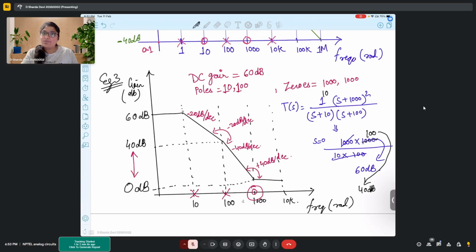And we should always observe the change in slope, rather than the exact value of slope, or the transition in slope. It should continue at minus 20 dB per decade if it is one pole. So that's what I did. At 100, we only have one pole. Now, from minus 40 dB, sorry.